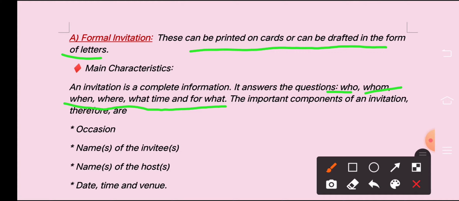These things should be there. These are the main components of your invitation. So you have to write down the occasion, name of the invitees, name of the host, date, time and venue.